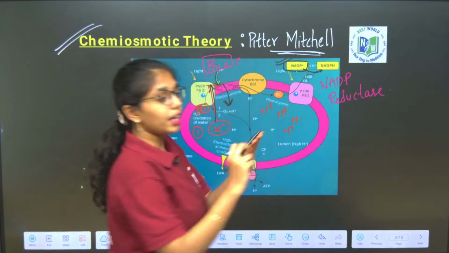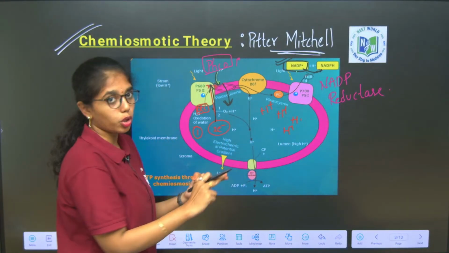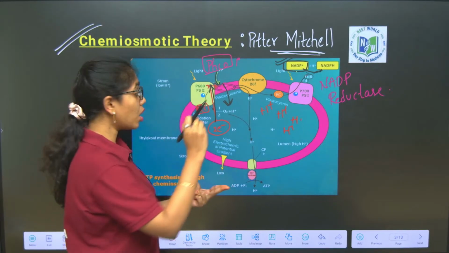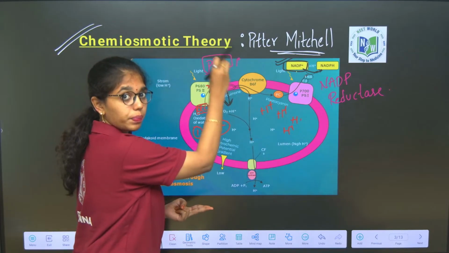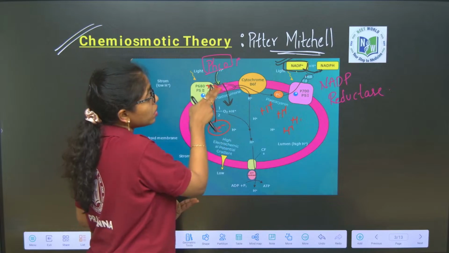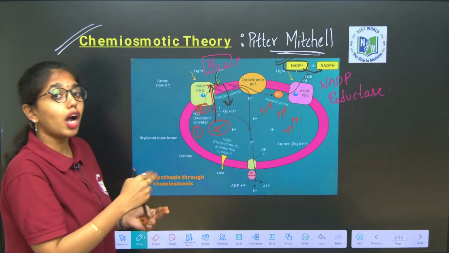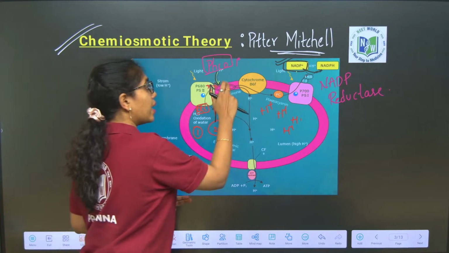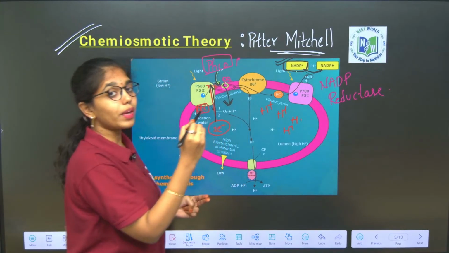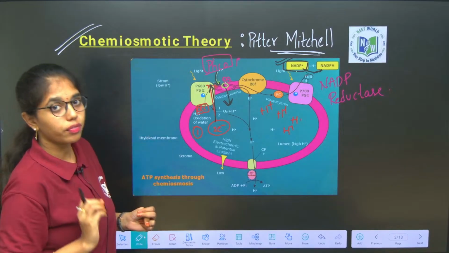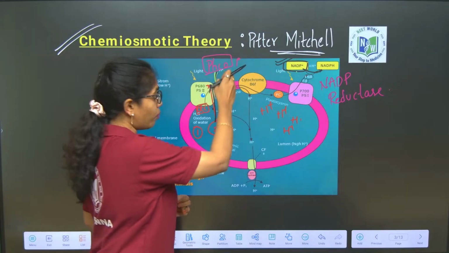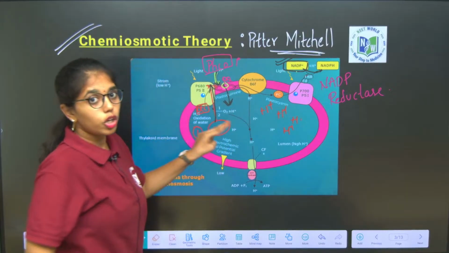So here 3 events you have to remember. First, proton accumulation because of photolysis of water. Second, electrons are given to the primary acceptor, that is pheophytin, located on the outer side of the thylakoid membrane, which gives the electrons not just to an electron carrier but also a proton carrier, that is plastoquinone. Plastoquinone is located towards the inner side of the thylakoid membrane. It parallelly accepts protons from the stroma and delivers them to the lumen of the thylakoid.